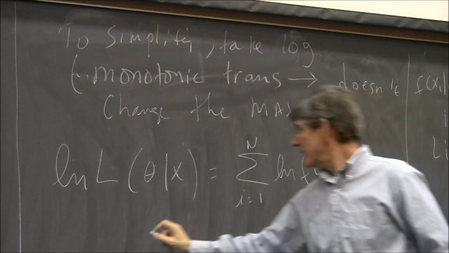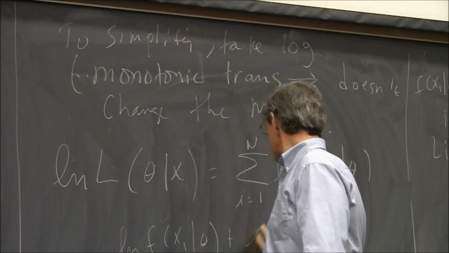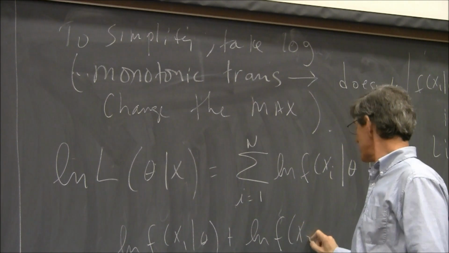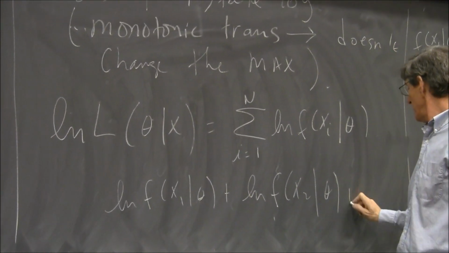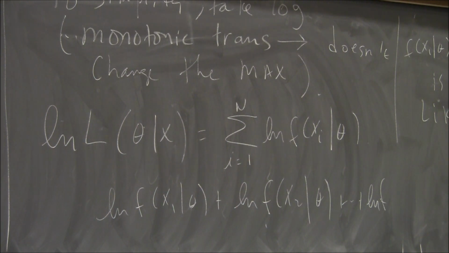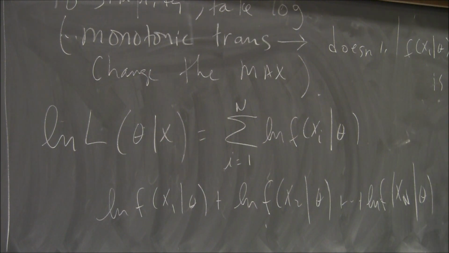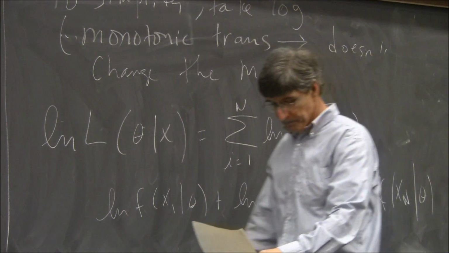So it's the log of f of x1 plus the log f of x2 plus the log f of xn. That's what we're actually going to maximize.